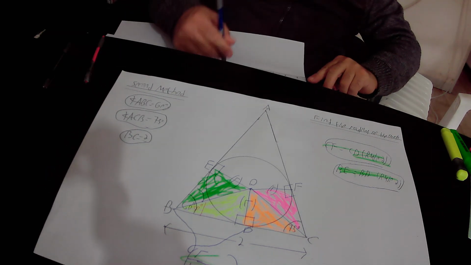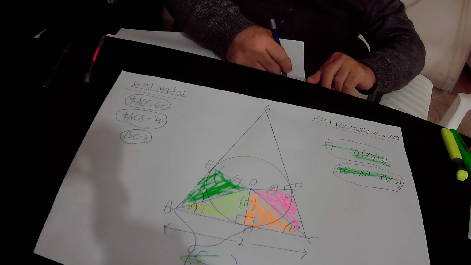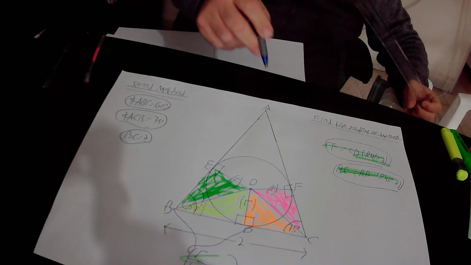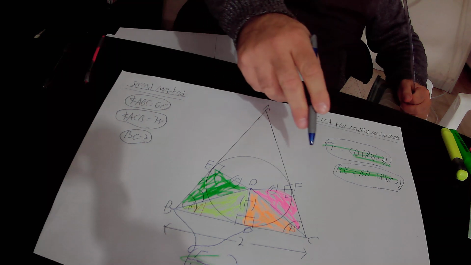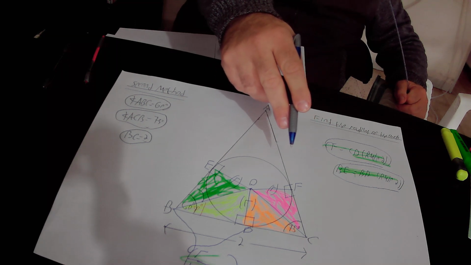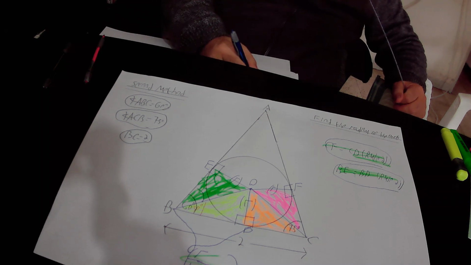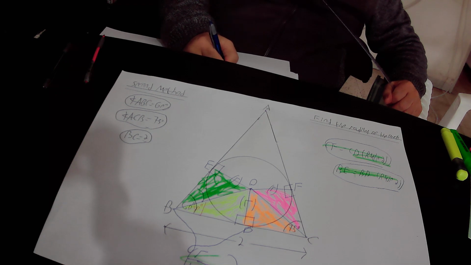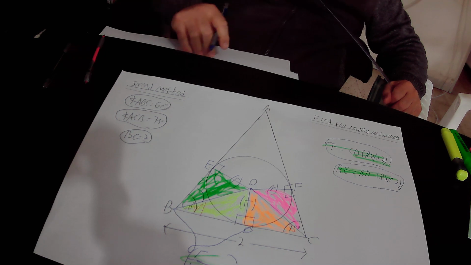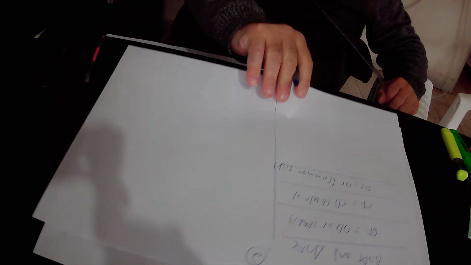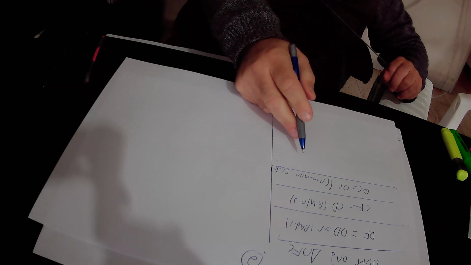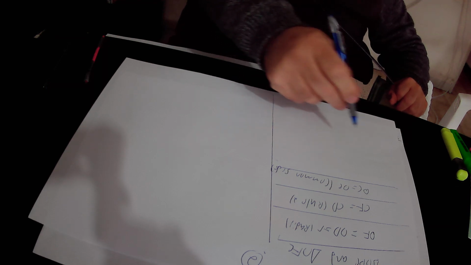And finally, side OC is a common side that belongs to both triangles, so we can write down that OC equals itself. It's a common side that belongs to both triangles.